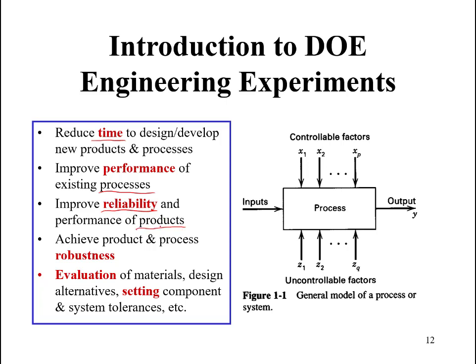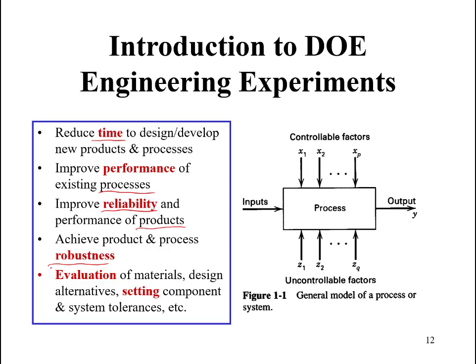In other words, our results will be more reliable. And also, we can achieve product and process robustness, with higher robustness compared to when you don't have any design of experiments. Later you will see examples about this.